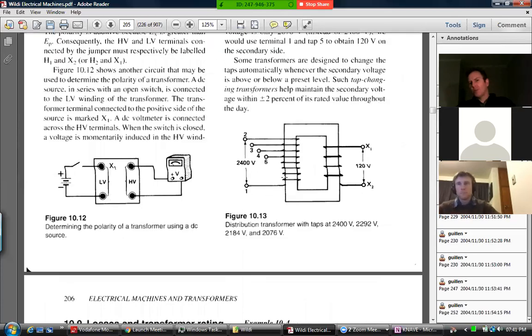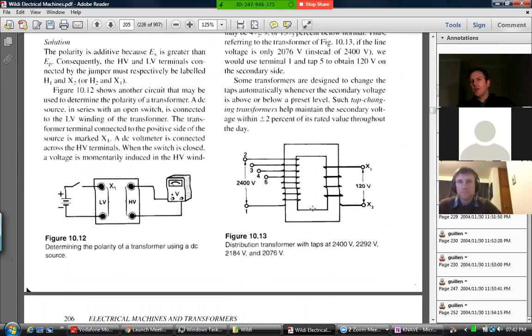Okay, transformer taps, I'm sure you know a bit about that as well. We can talk about those next time as well. That just gives us a way of changing our ratios so that we're not exactly stuck. If we want to tweak the ratio on the output, we can connect between this point and either that point or that point or that point or that point, where each of those points sees slightly less turns.